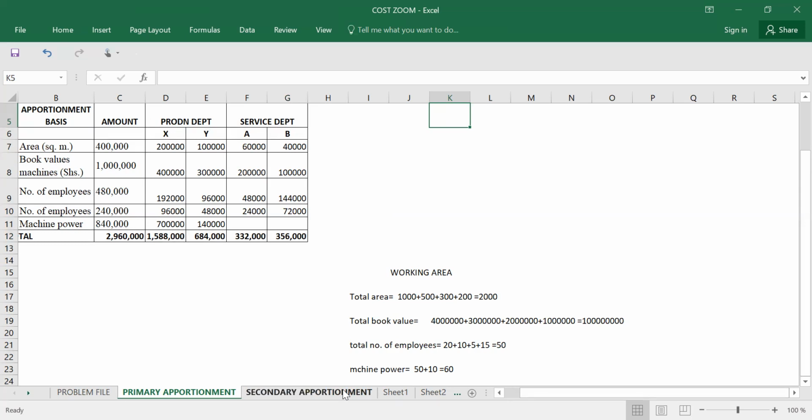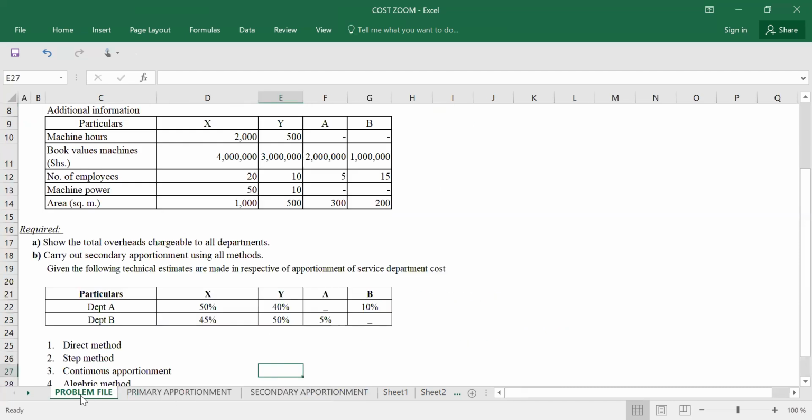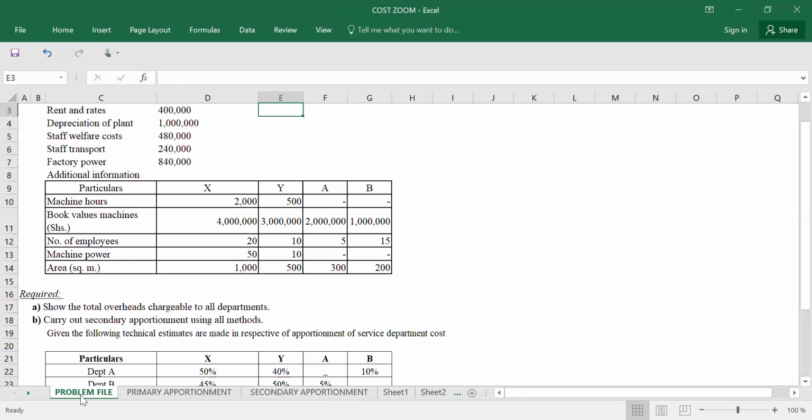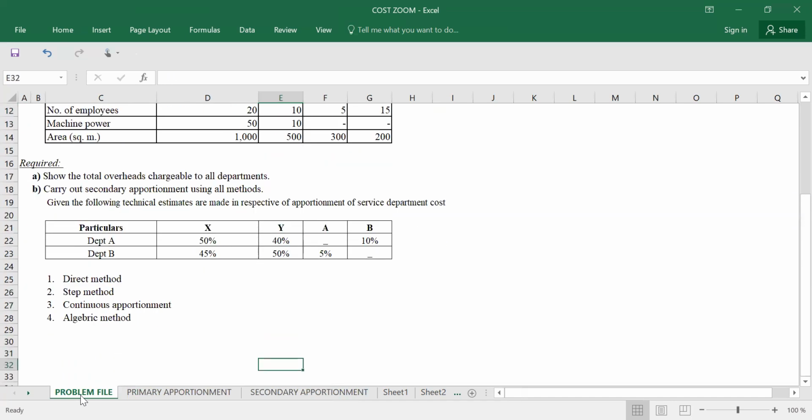We want to see how we transfer the costs from the service departments to the production departments. So this is what we did last time, and today, going back to our question, when it comes to secondary apportionment, starting from our distribution, we are going to allocate these costs.